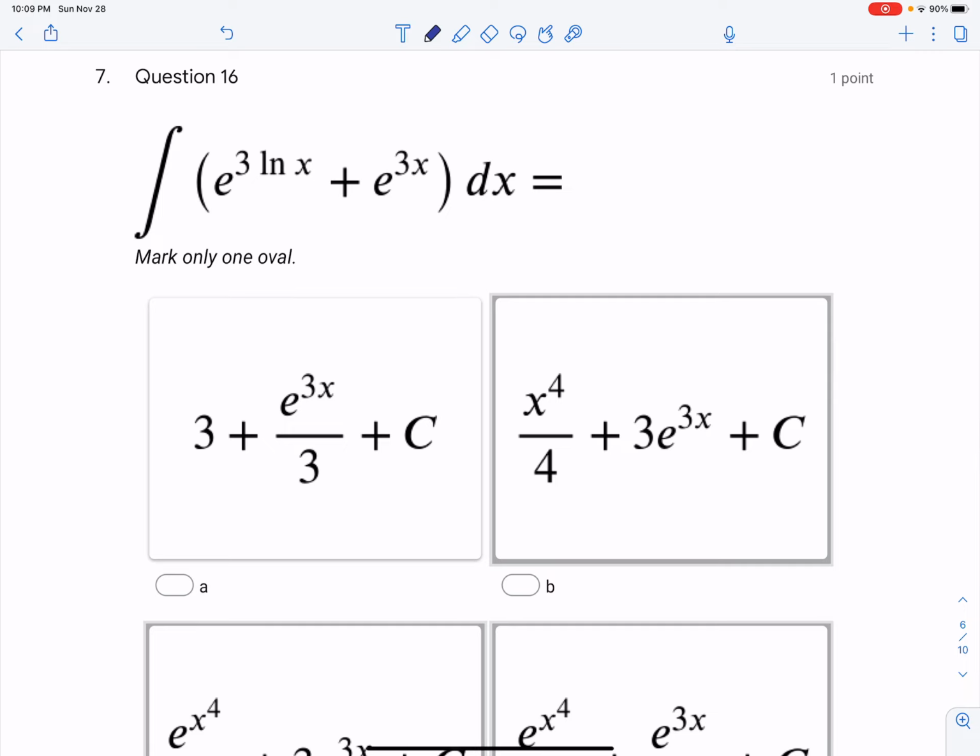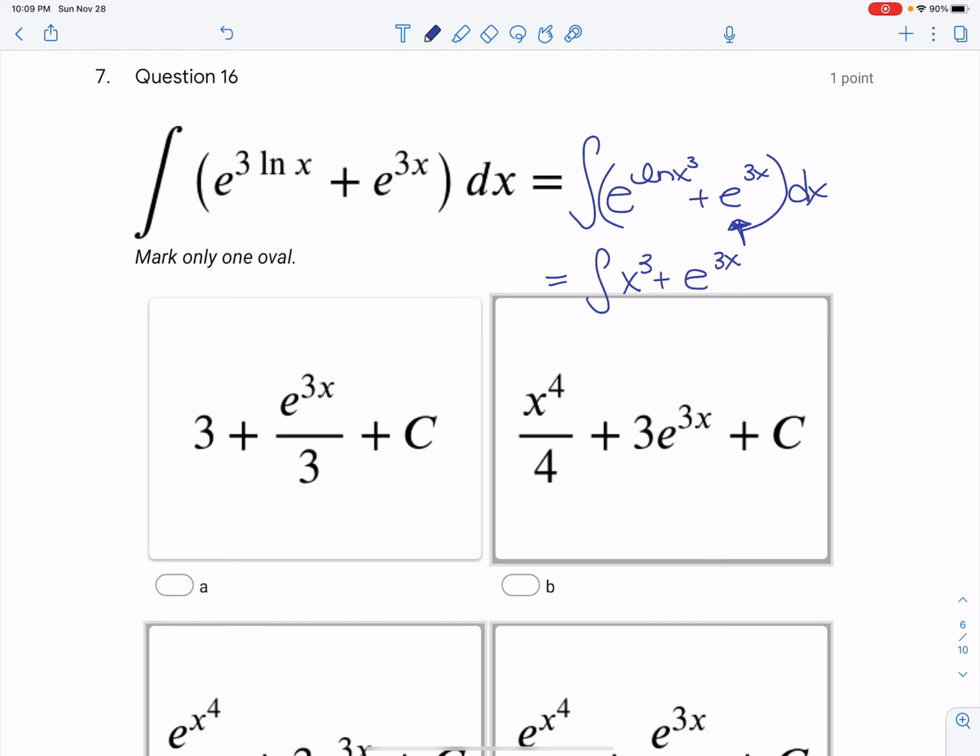Okay, so this is a property of logarithms. So this is e to the ln of x cubed plus e to the 3x. Technically, your only u substitution is right here because e to the ln of something is just the something. So this is the antiderivative of x cubed plus e to the 3x dx. And now I told you guys before, you can reverse engineer this.